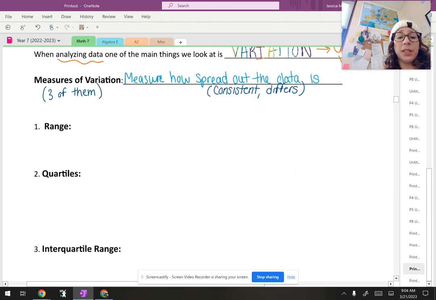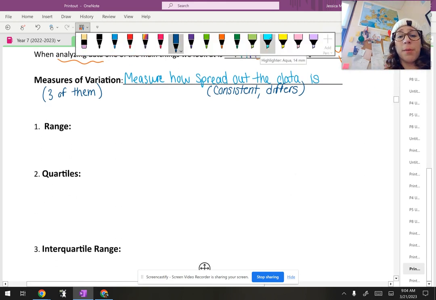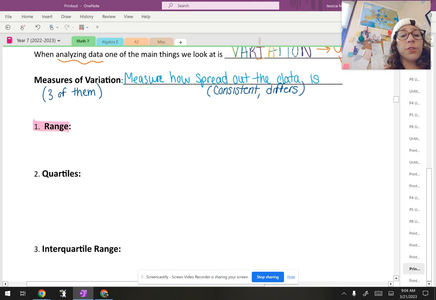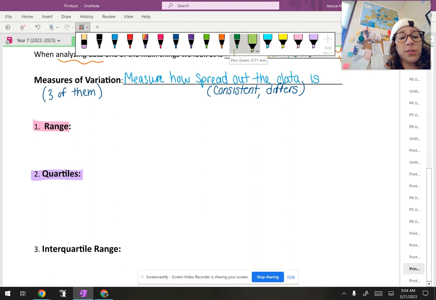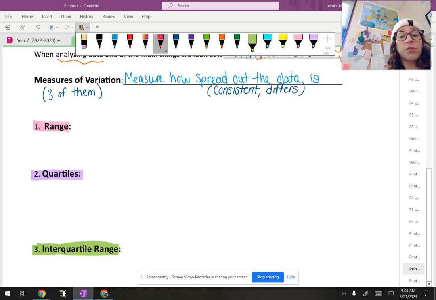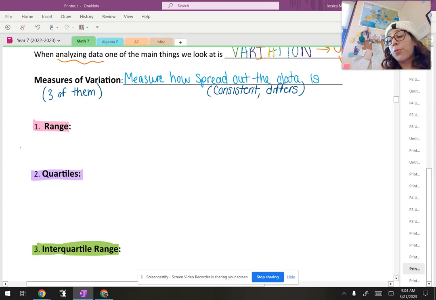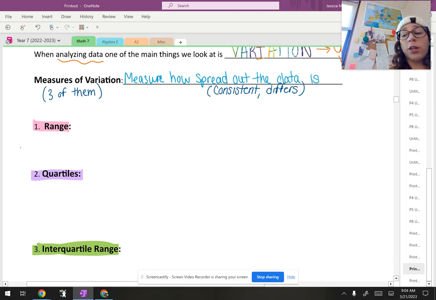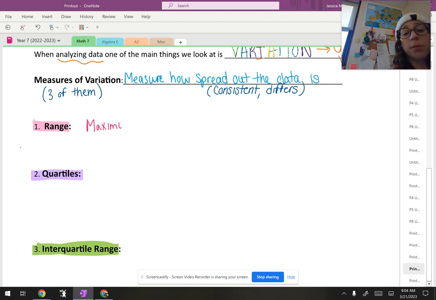And the 3 measures of variation that we're going to look at below are first, range, second are quartiles, and then 3 is the interquartile range. First up, range is pretty chill. To find the range, you take the maximum number and you subtract it from the minimum number.